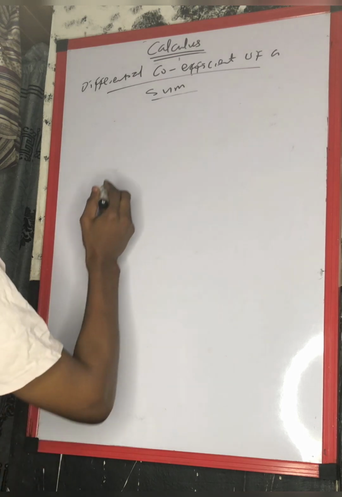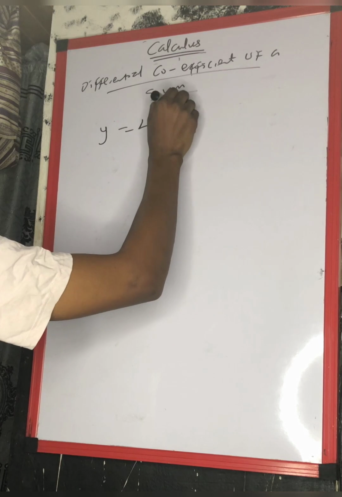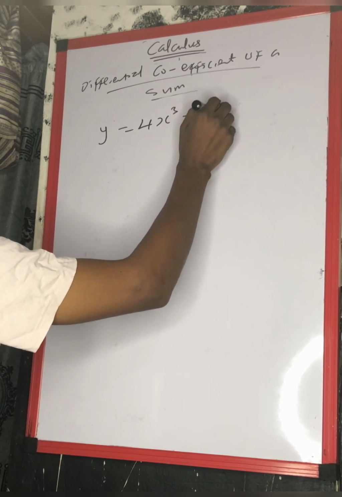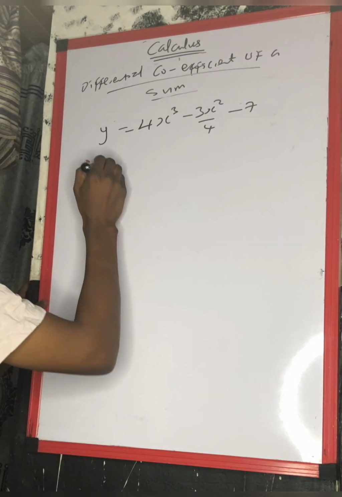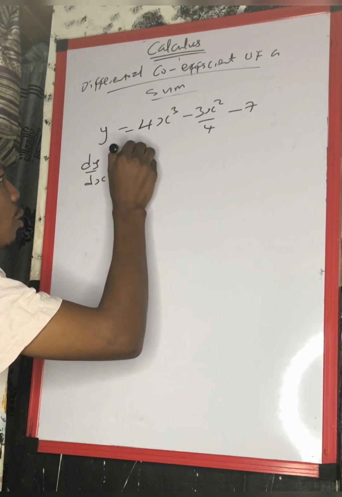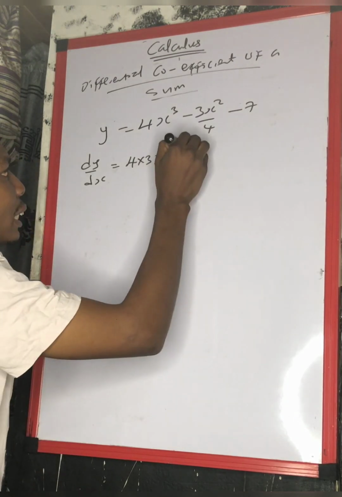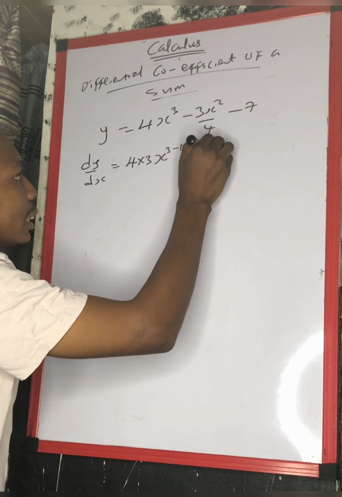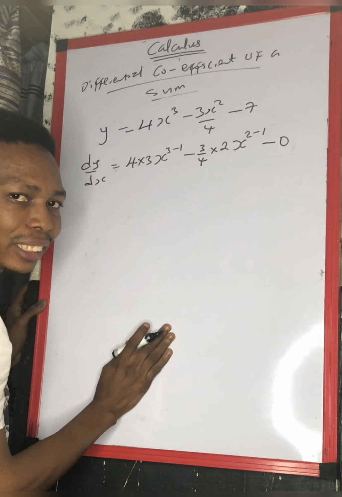Under differential coefficients of the sum, the last question there, if you are given y equals 4x cubed minus 3x squared over 4 minus 7, this is written as dy/dx equals 4 times 3x^(3-1), minus 3 over 4 times 2x^(2-1), then minus 0.